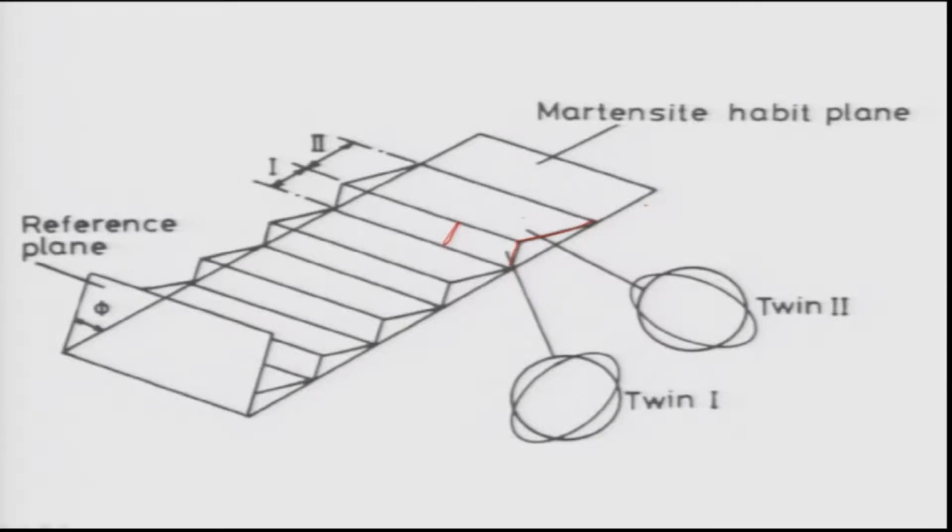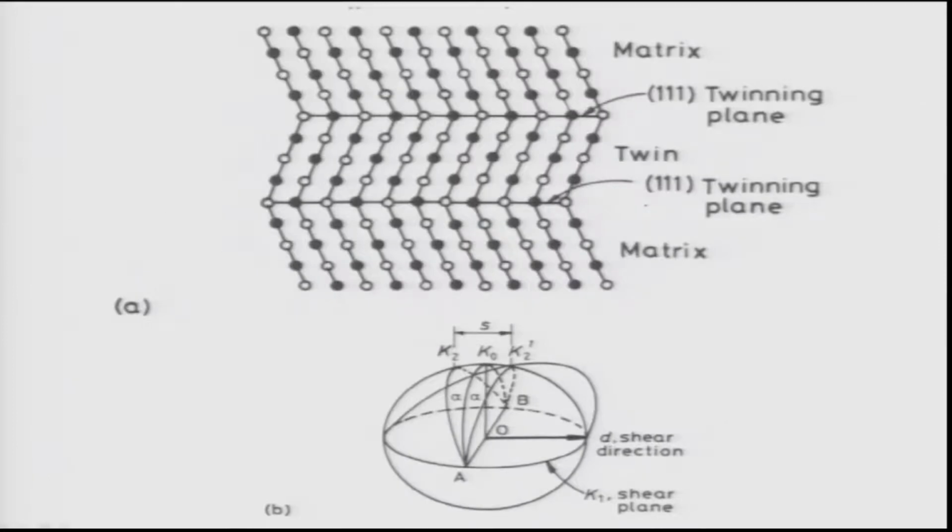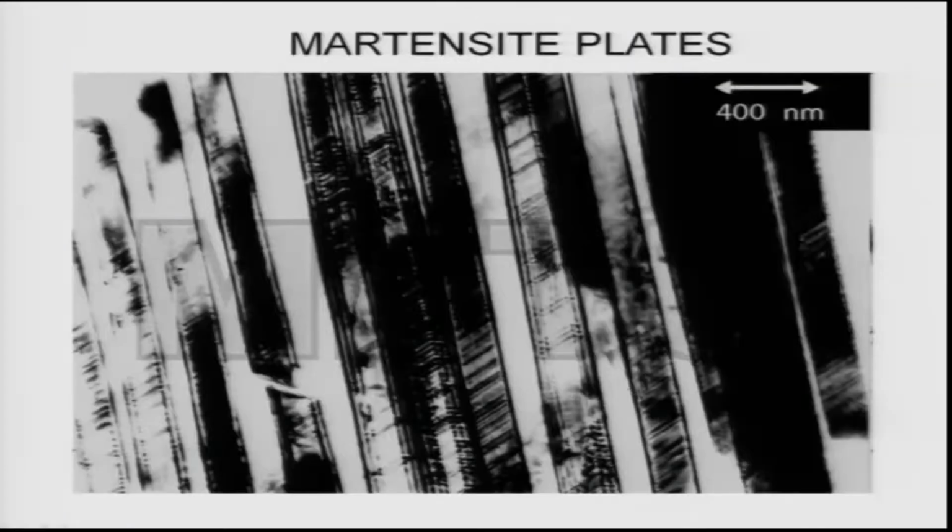And to show you that twins do exist, one can do it crystallographically also. One can show that this is the twin, where these are the twin configurations. Let us not go into this. This is a three-dimensional twin relationship among the different martensitic variants. For the time being, let us not discuss that. And I showed you in the last class how the twins exist.